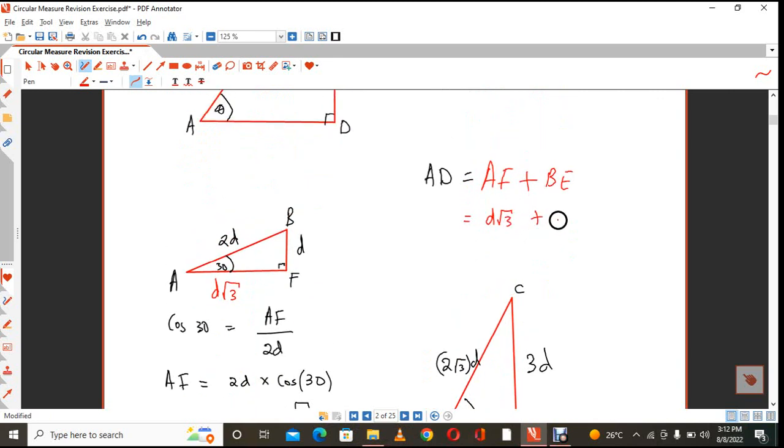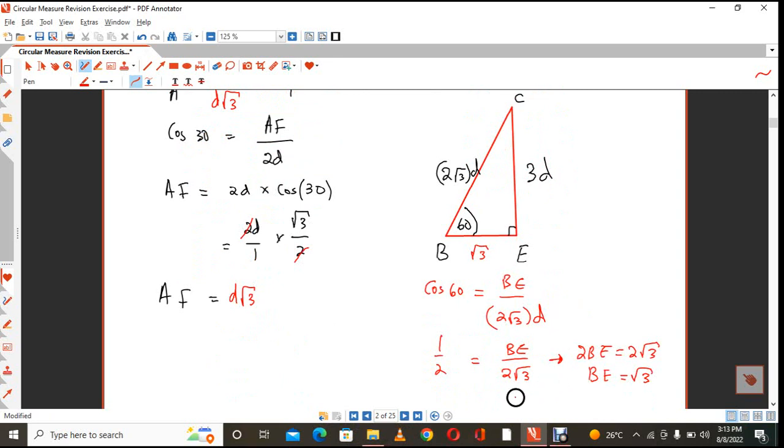Just make sure you understand that in 2BE there's a D missing here, so it is 2 root 3 D, and if you divide by 2, you get root 3 times D. So just make sure we put that back there.